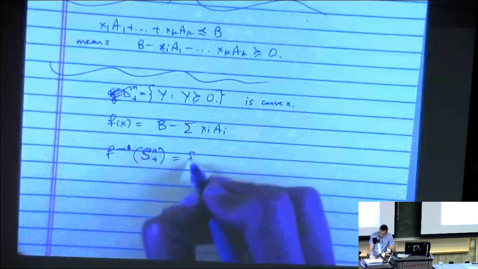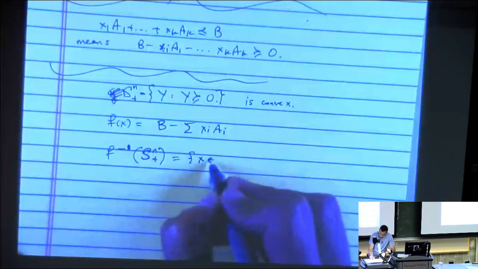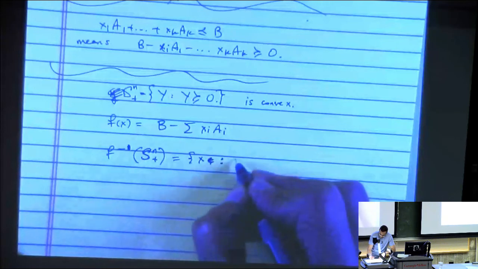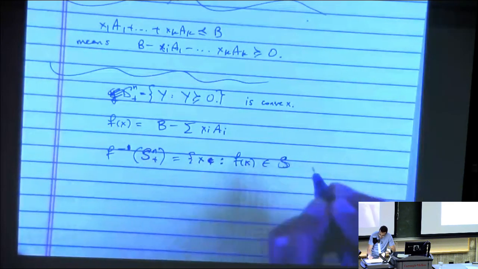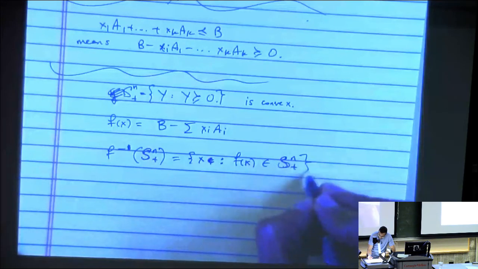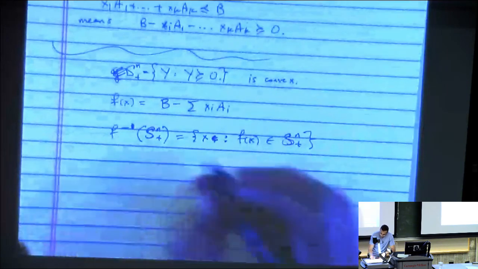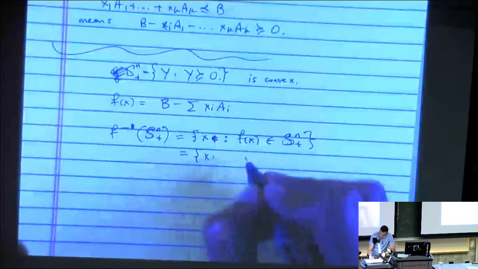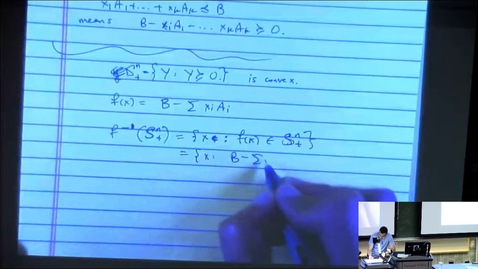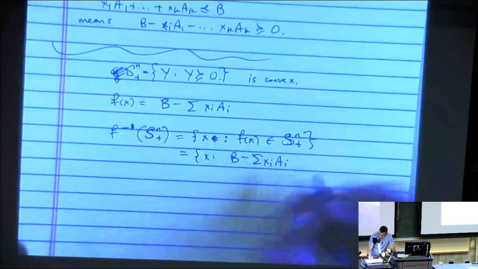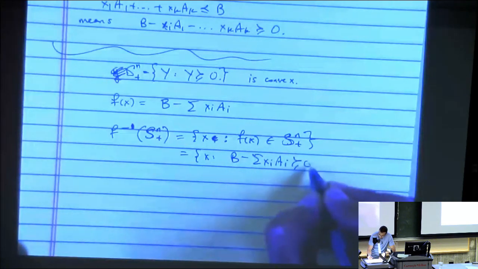It's the set of all x such that f of x is in the PSD cone, which means the set of all x such that b minus the sum of xi Ai is PSD.